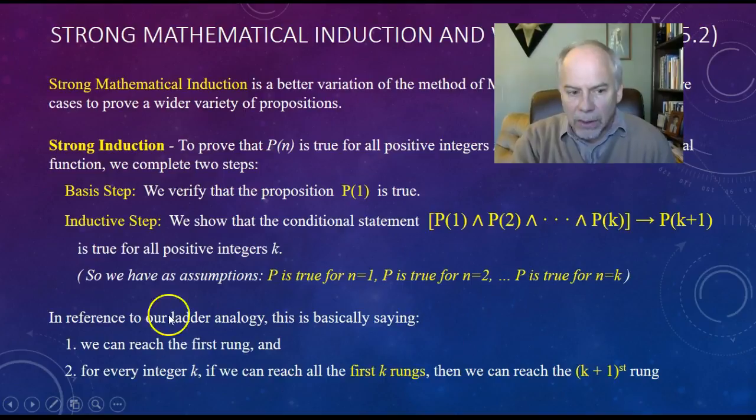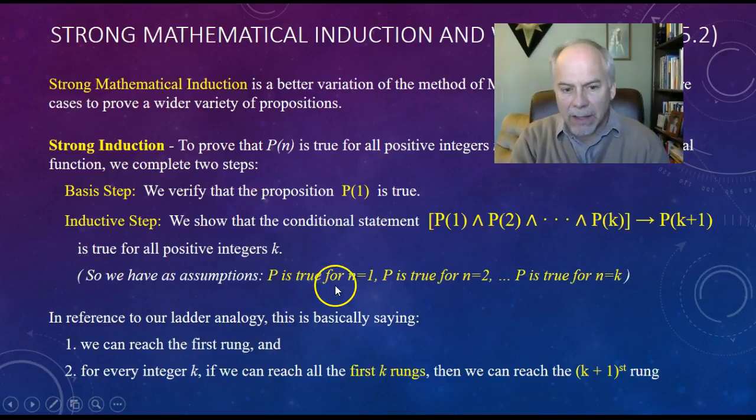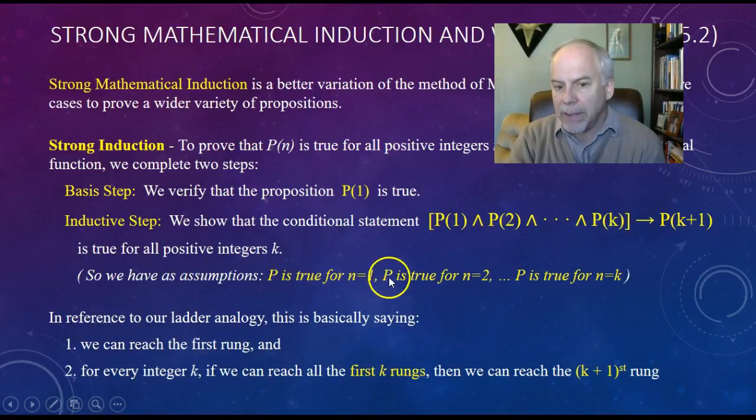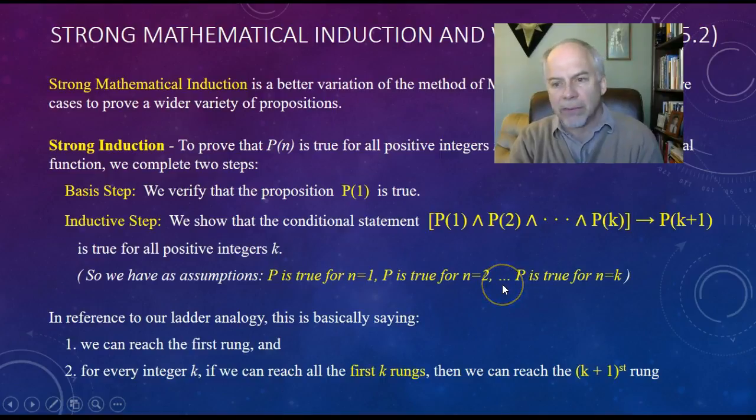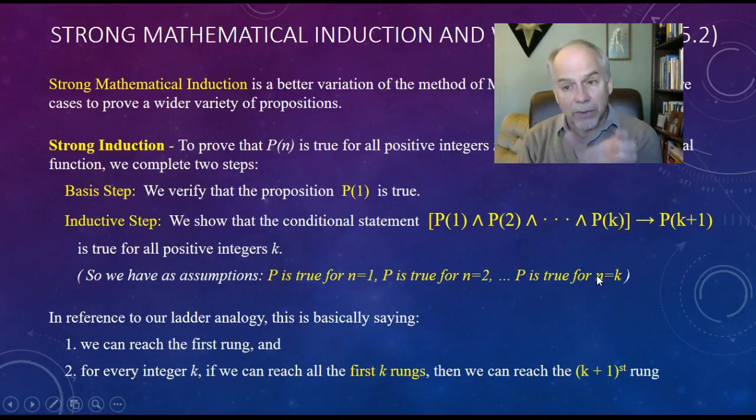So in parentheses here, it explains what this is saying. We have as assumptions that P is true for n equals 1, P is true for n equals 2, P is true for n equals 3, all the way till P is true for n equals k. So in other words, we have more assumptions to go by.